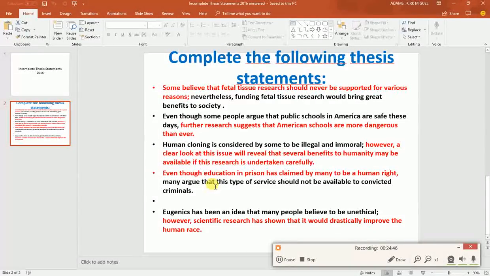Okay, so we're back, and here are some suggestions for how to complete those thesis statements. The part in red is the part that you wrote.